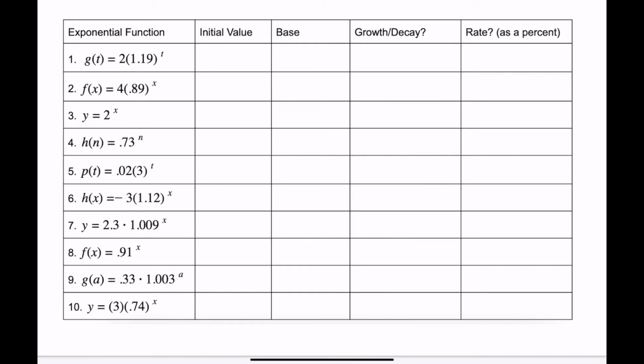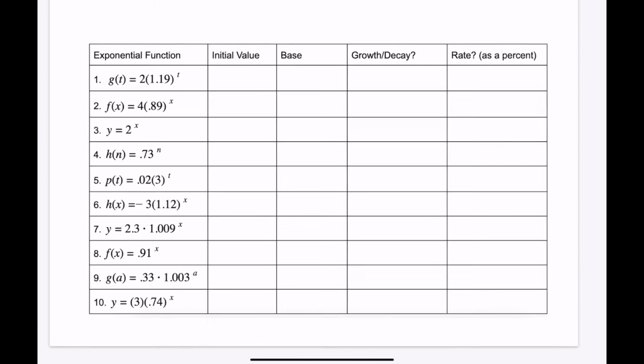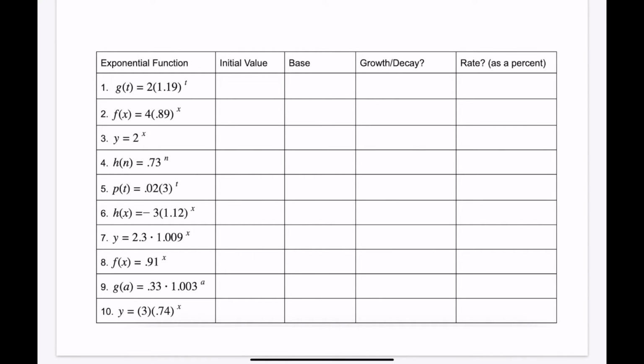The initial value is a, so just as a reminder, if you have y equals a times b to the power x, a is the initial value, b is the base. So here our initial value is 2. The base is 1.19. Since that base is greater than 1, that is going to represent growth.